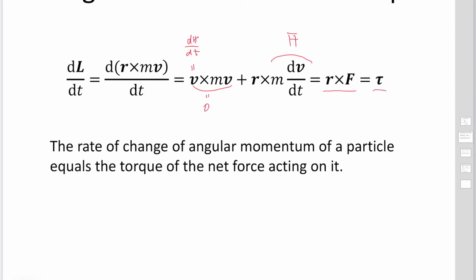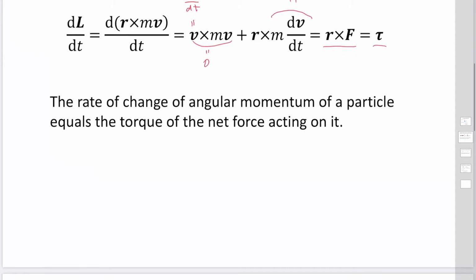So we discovered that the rate of change of the angular momentum of a particle equals the torque of the net force acting on it. So dL/dt equals tau.